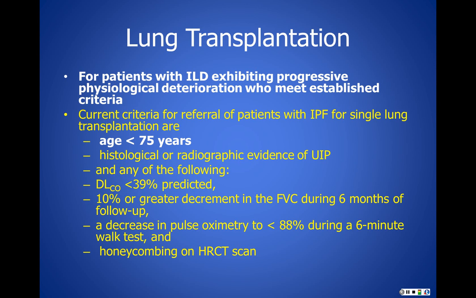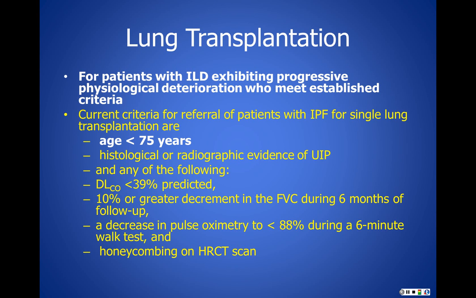You guys are okay with that? That depends on life expectancy otherwise. Yeah, if it's a single disease. Okay. So that has been changed, only last year. So now the age for transplantation is 75 years for interstitial lung disease.